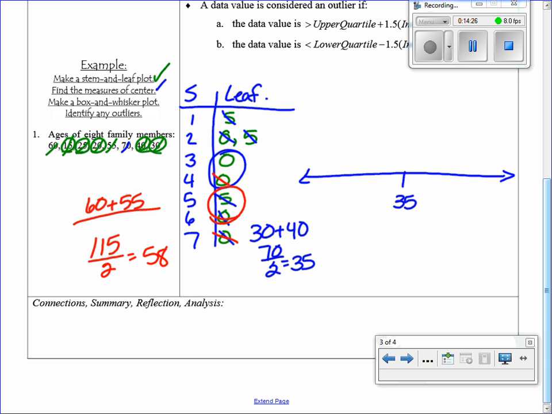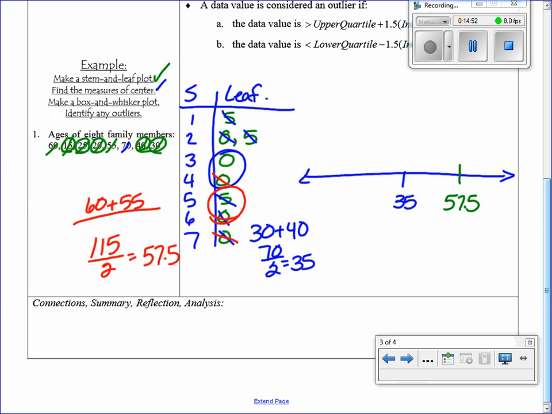I think. That doesn't make sense. 57.5. That sounds better. All right. So my upper quartile is going to be 57.5.